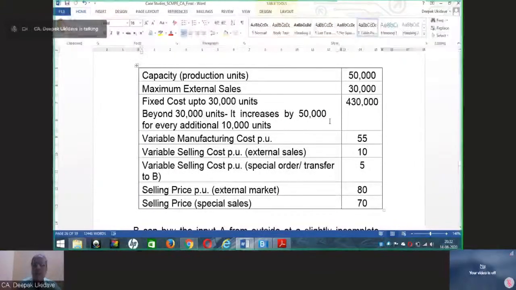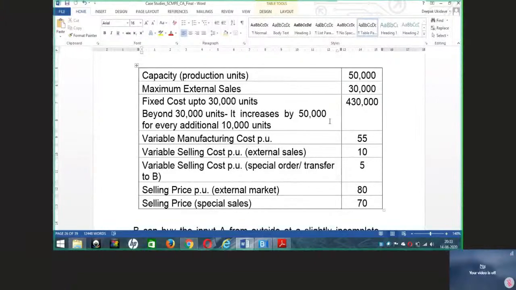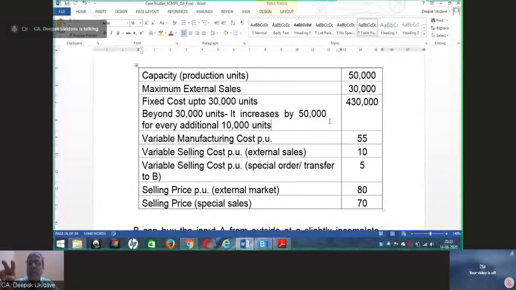That means if you transfer an additional 10,000 units, the fixed cost will increase by 50,000. Now you are talking about increasing your capacity by 20,000. That means managing the full capacity of 50,000. 30,000 you sell to the external customer, 20,000 you give to your internal customer. For each additional 10,000 units, 50,000. So for additional 20,000 units, 1 lakh.